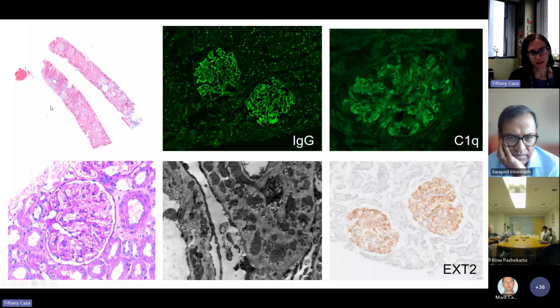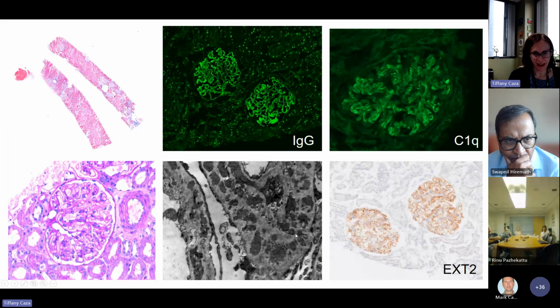Here's a case. You can see low chronicity. Here's an IgG stain that has some mesangial as well as capillary loop staining in that tissue. You can see some intense C1q staining, as was seen with the features of membranous lupus nephritis.